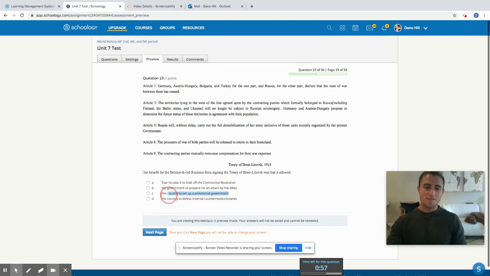Now, you might have thought to say that, but remember, the provisional government comes before the Bolsheviks, and the provisional government makes one mistake, and that mistake is they stay in the war. And that allows the popularity of the Bolsheviks and Lenin to become so strong that then they're going to seize power and get out of the war.